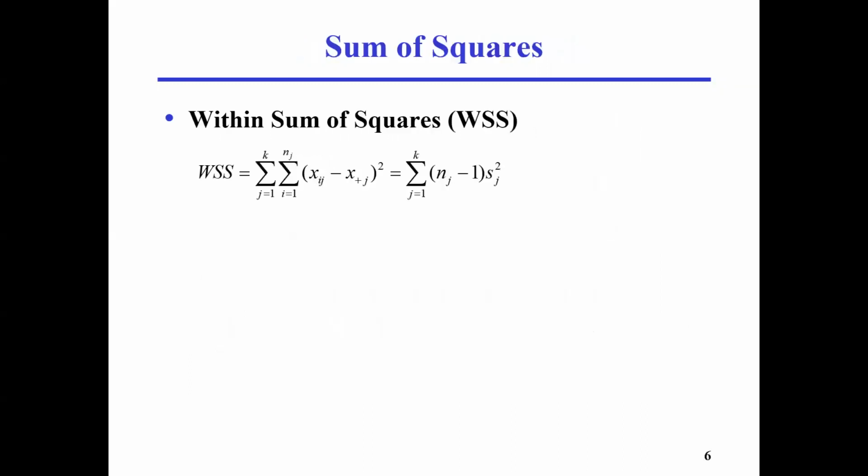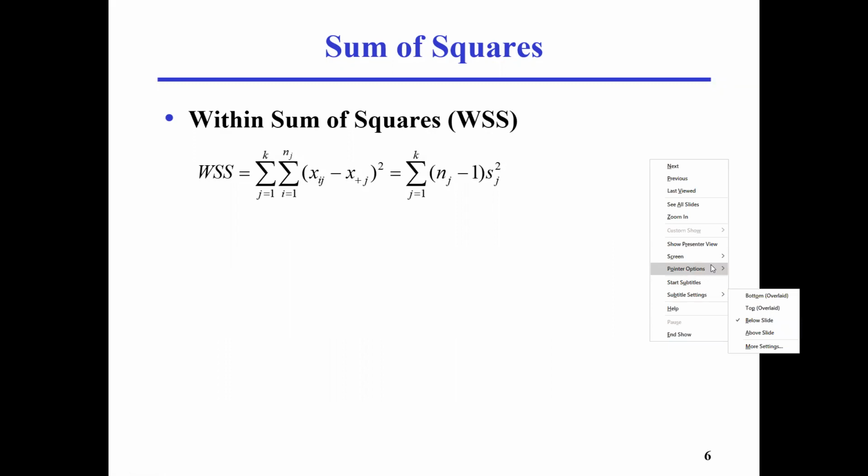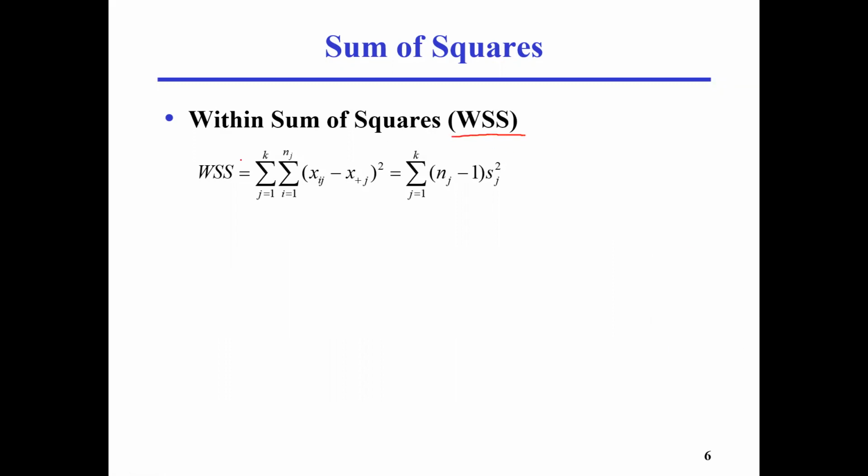Okay, and how to quantify them? How to quantify within variation and the variation between sample means? So we use these formulas. The first one is for within variations. It's called WSS, within sum of squares. We use WSS to quantify the variation within samples. In order to calculate it, you have to finish this summation, okay?